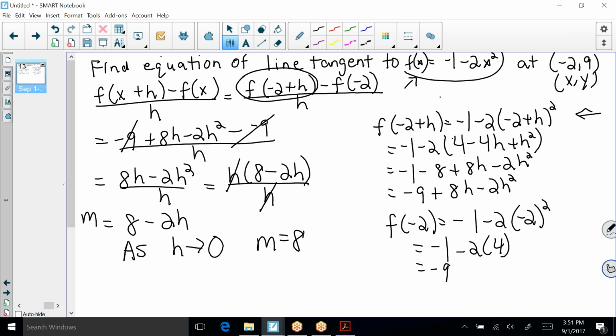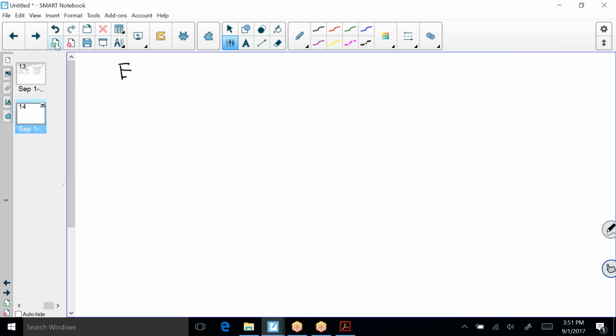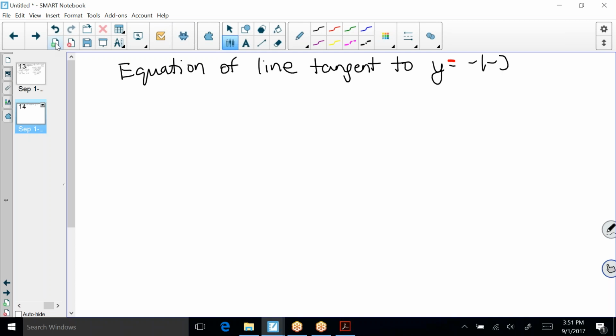And then we can write the equation of this line. So equation of the line that's tangent to the curve at that point. So equation of the line tangent to y is equal to negative 1 minus 2x squared at the point negative 2 comma 9 is, and again we'll use that point slope formula, y minus y sub 0 is equal to m times x minus x sub 0.